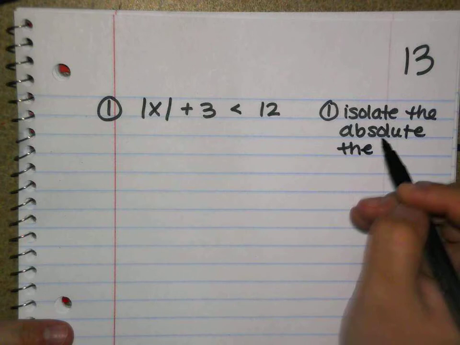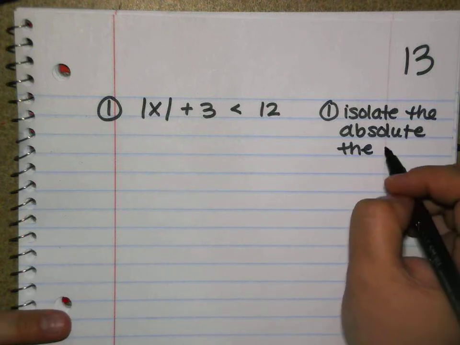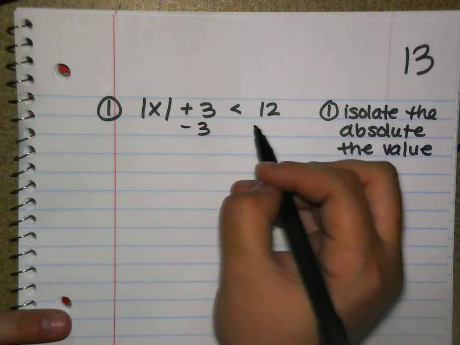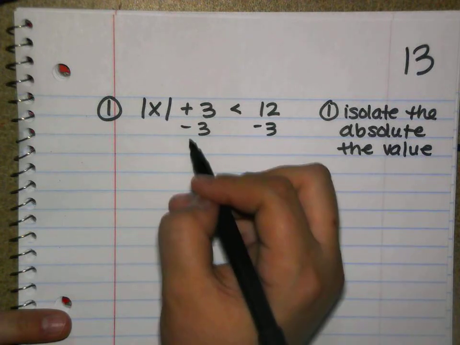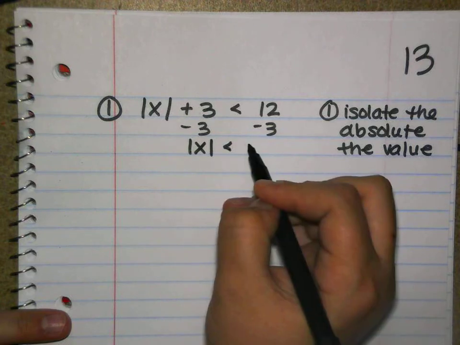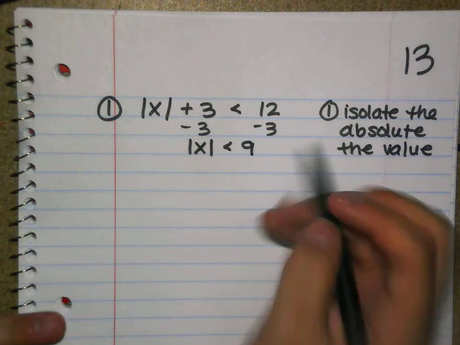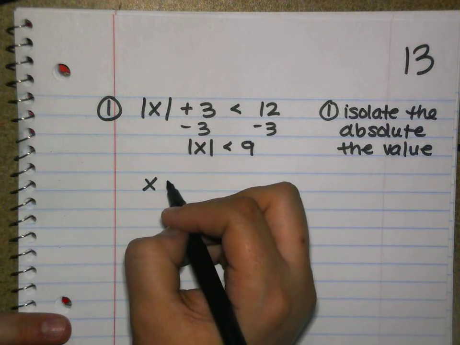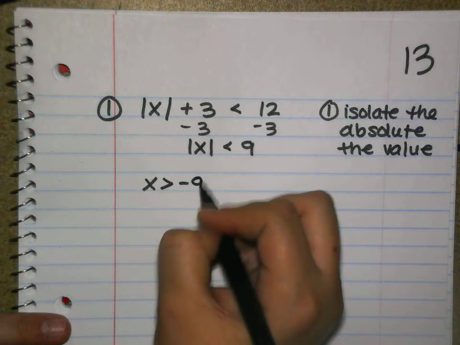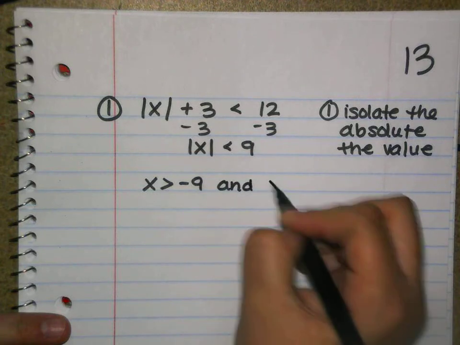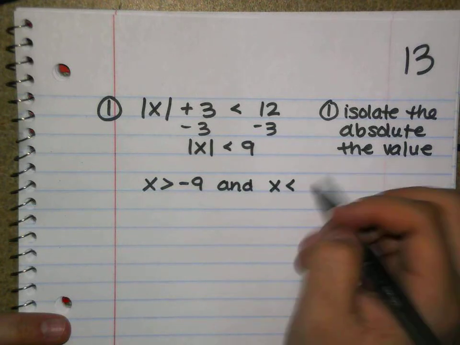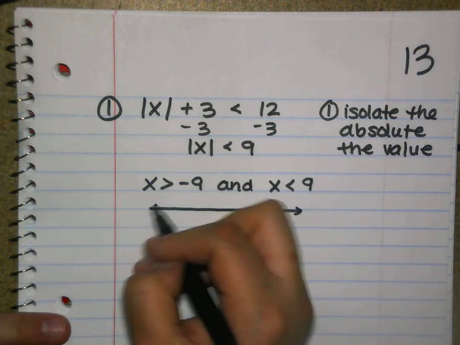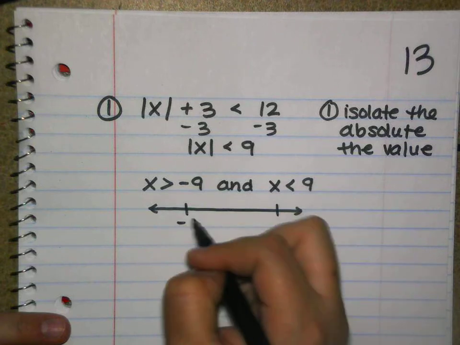Okay, so now we subtract 3 from both sides, and now we get the absolute value of x is less than 9. Okay, now we know that we are going to have x is greater than negative 9 and x is less than positive 9. So when we put it on the graph, we're going to have these two here, negative 9 and 9, both open circles, and we're going to connect them together.